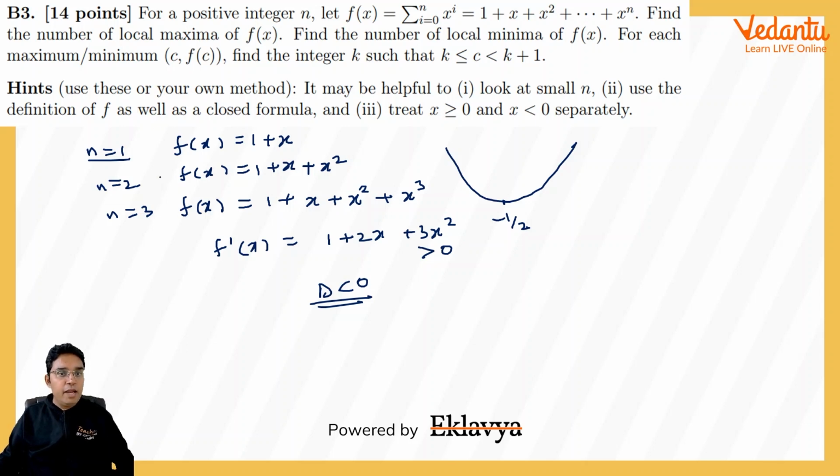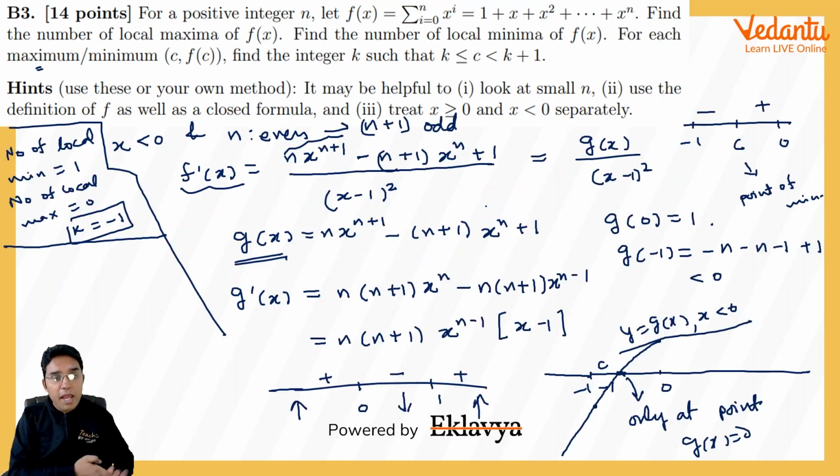So what we are getting for these values is that for n odd, this comes out to be strictly increasing. And for n even also, this function is having one point of minima, and that is when x is negative. And this thing we have done properly for any n. So this, I think, completes this question. Again, I will call this a good question, not an easy question. Average or average plus, it should be counted.